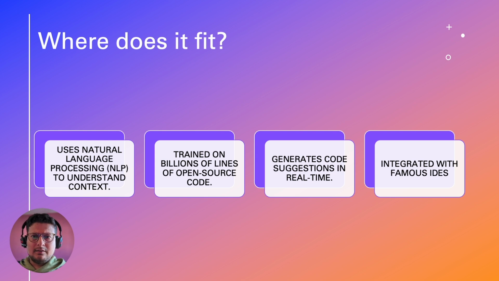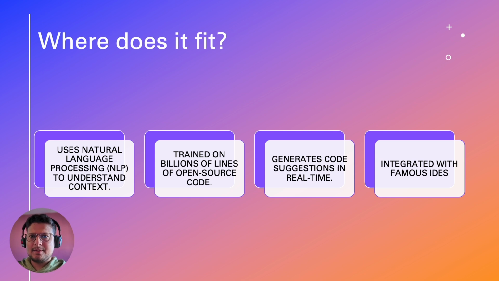Moving on, where does this fit? There might be a question of how this internally works, right? The first thing we have to consider is that it is based on NLP. It tries to understand the context of the code that you are trying to write first hand. Then it is trained on billions of lines of code from open source.